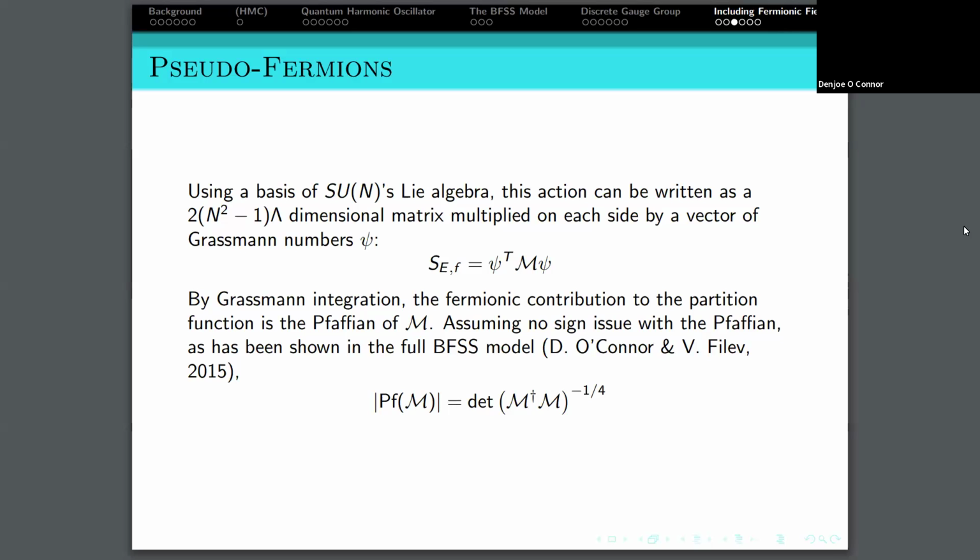By Grassmann integration, this contribution to the partition function is just a Pfaffian of the big matrix. And assuming that there's no sign issue, we can write that as a determinant. We're taking that as given if there's no sign issue. Denjo again looked into that in the past.